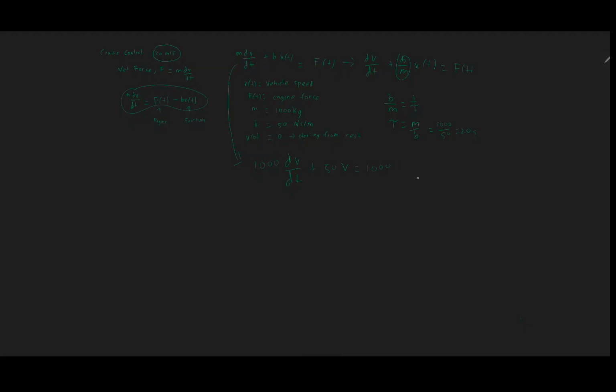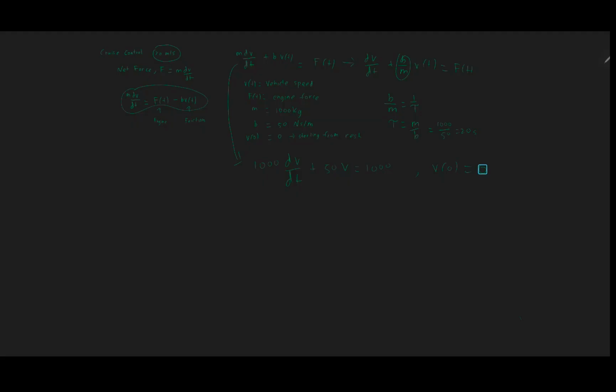And also let's put our initial condition: the velocity when the time is equal to 0 is equal to 0. Now, why are we doing this and what exactly are we trying to find? Well, we're basically trying to find an equation for the velocity at a particular time. Anyway, the next step now is to take the Laplace transform.